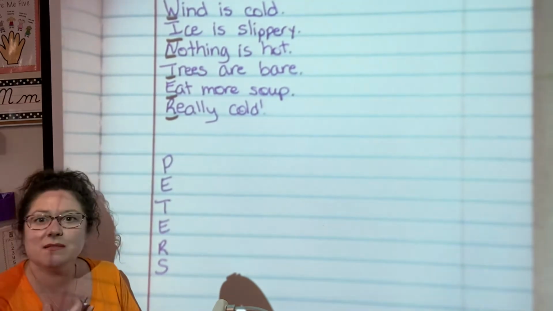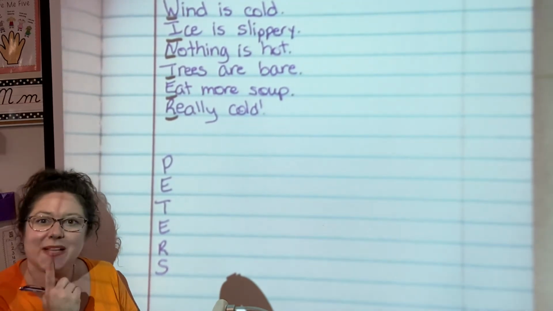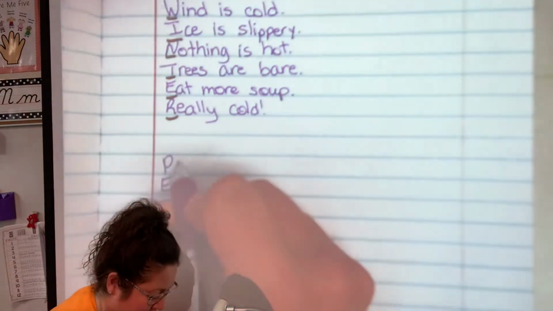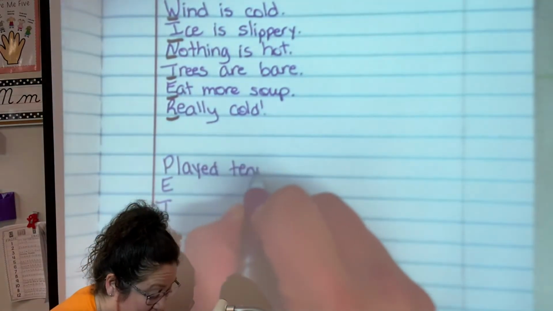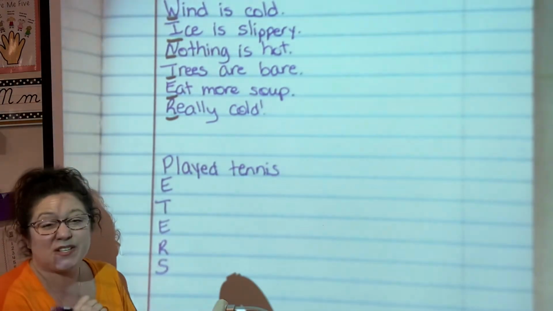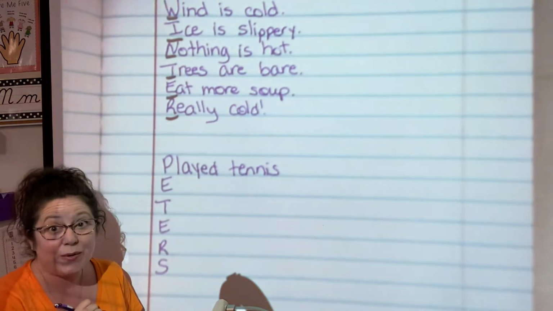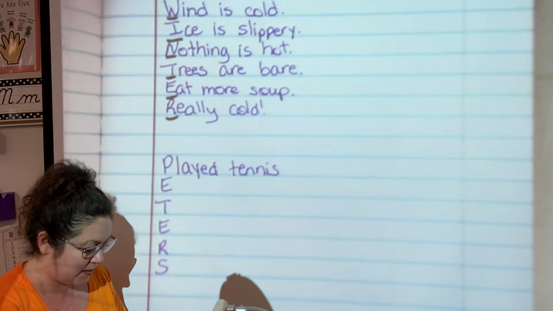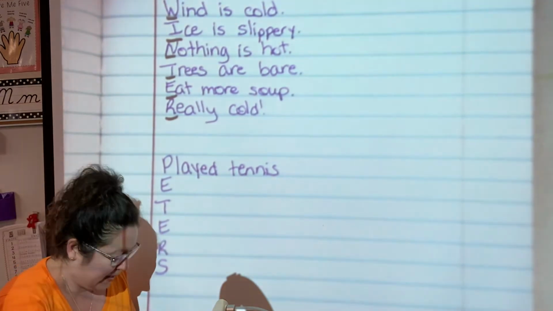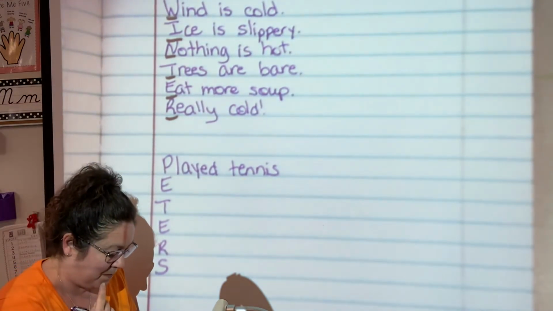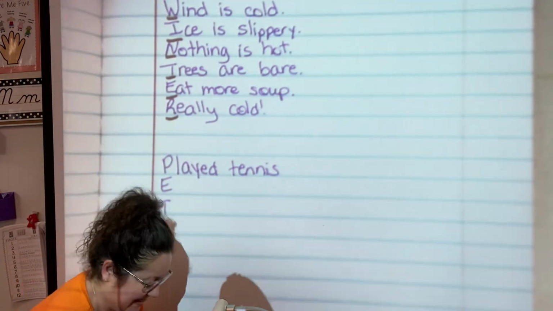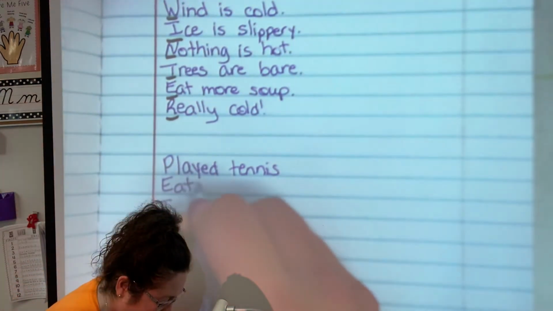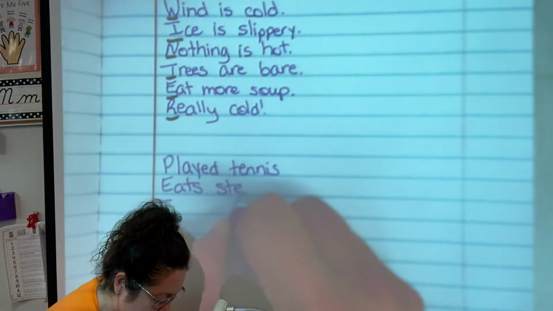P, well, I used to play tennis. Actually, when I moved to Arizona when I was in 3rd grade, like you guys, that's when I started taking tennis lessons. E, something I like to eat. I bet you all can remember. Eat steak, yummy.